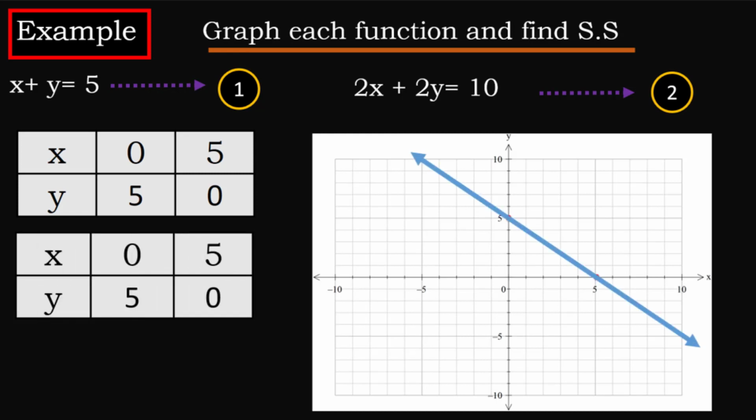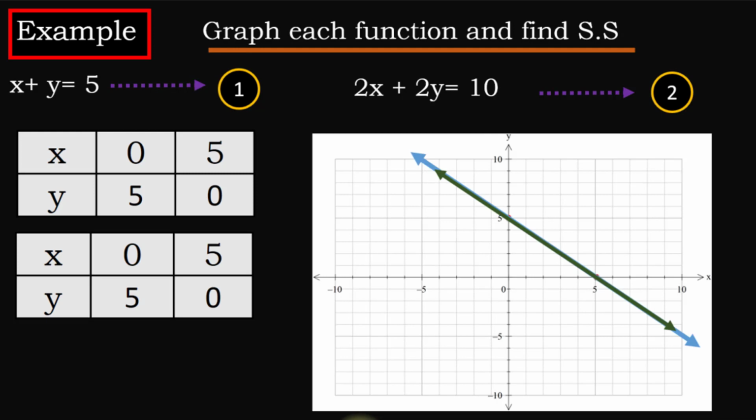In the same way, if we put x equals 0, 2y equals 10, dividing by 2, we deduce that y equals 5. And if we put y equals 0, we deduce that x equals 5. So the two points (0, 5) and (5, 0) are the same, so we have the same line.